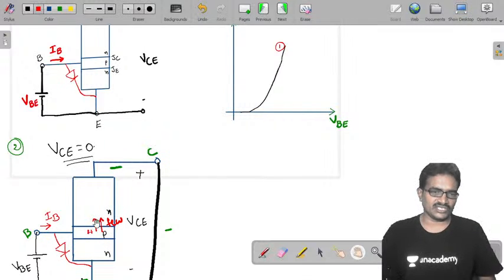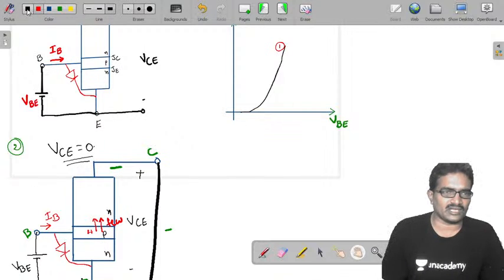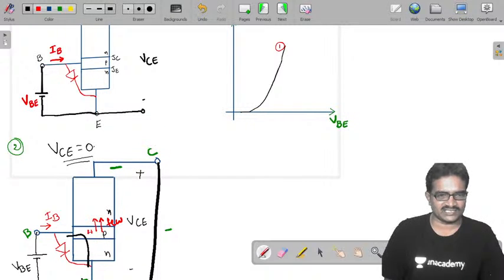These holes are not crossing the emitter junction. Your base current is the current which is flowing like this. This is your base current.